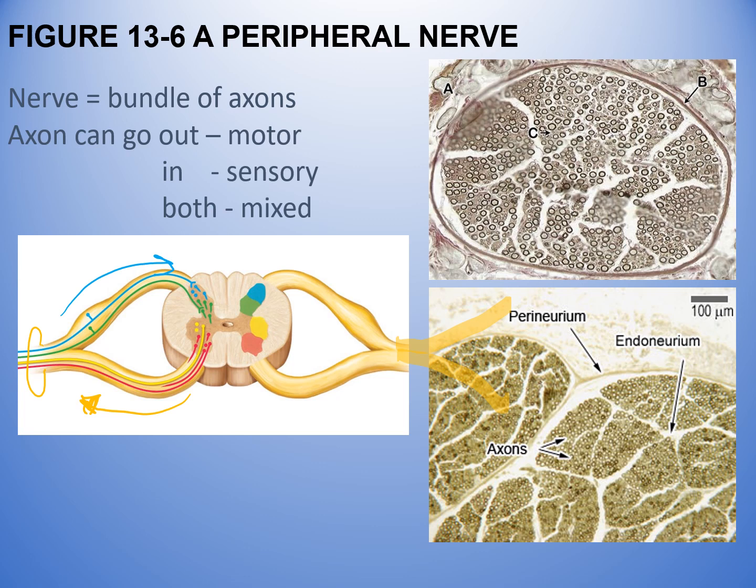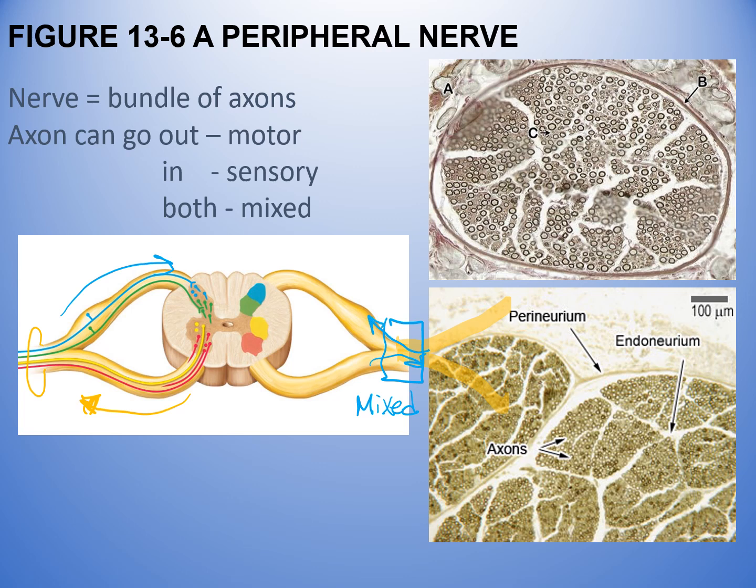So spinal nerves, which again is just that little piece right there, are what are called mixed nerves. Some of the axons are bringing information in, and some of the axons are bringing information out.